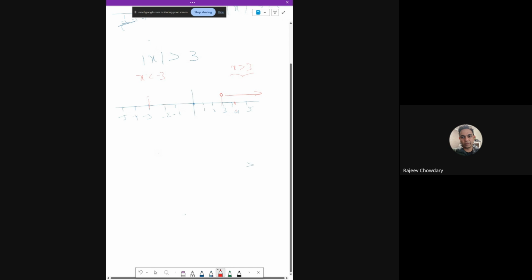Go here, make a hollow circle because it's not equal to, which means it's not including 3. Just not 3, but anything beyond 3 it's including. Just not 3 here, but anything after this it's including. That is what the hollow means, which is you don't have the equal to here. When you don't have equal to, you write hollow. When you have equal to, you write the solid circle. Okay, remember that.